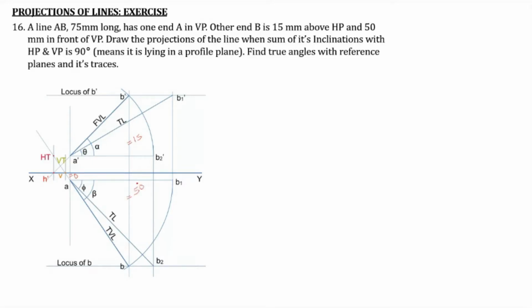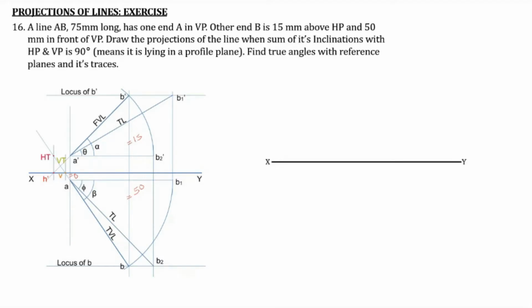And as we have already mentioned, when theta plus phi is 90 degree, the front view and the top view will be lying in the same vertical line. So the projector through A and A dash, and the projector through B and B dash will be the same line. Let's see how it can be drawn.